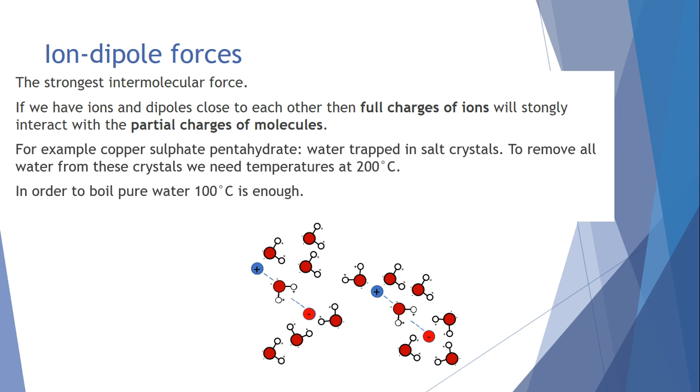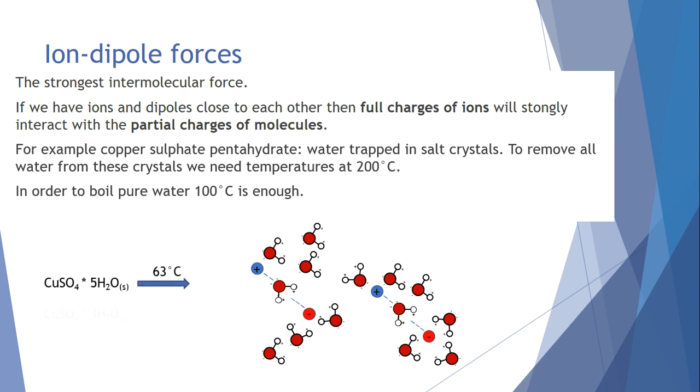So that's the temperature we need to separate water molecules from ions in the salt. If we compare this to pure water and the temperature we need to separate water molecules, then we only need about 100 degrees. So there's a big difference here.